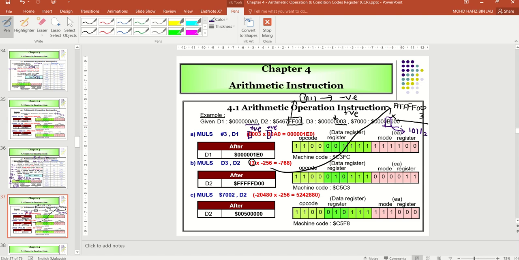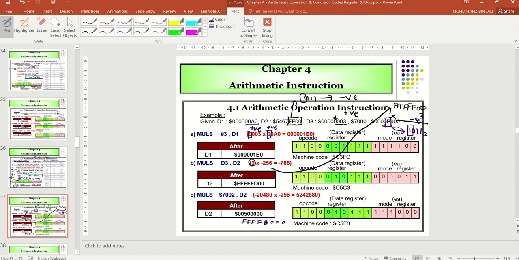Okay, as you can see here, the MSB is 1, meaning it is a negative value. So you need to fill up the upper word size with F. So FFFFB000. Then D2 is FF00.